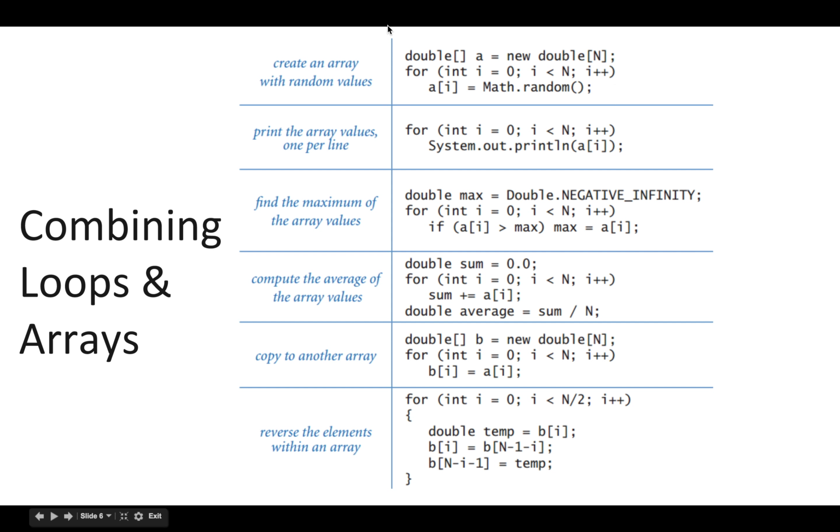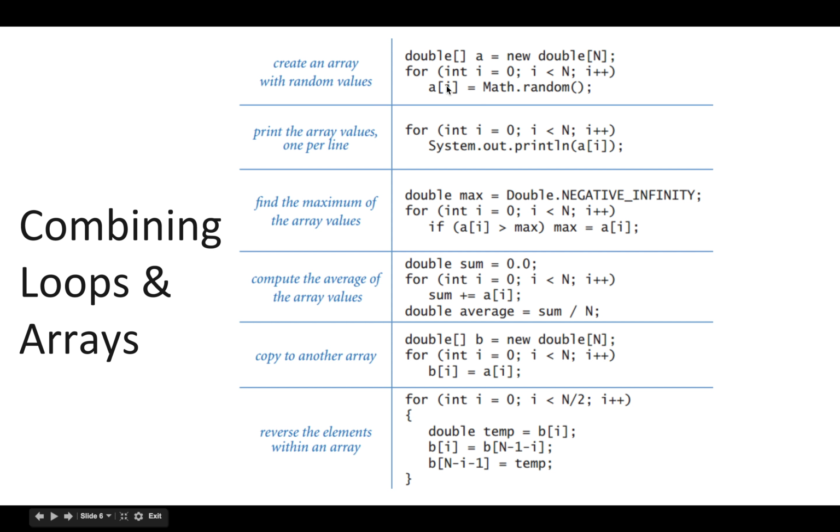Specifically, we can just look at the first one, creating an array with random values. The first line is declaring an array of type double named A, and it's a new array of type double with some size n. Then the loop starts from index 0, because everything in Java starts at index 0, and goes all the way up to but not equal to n.